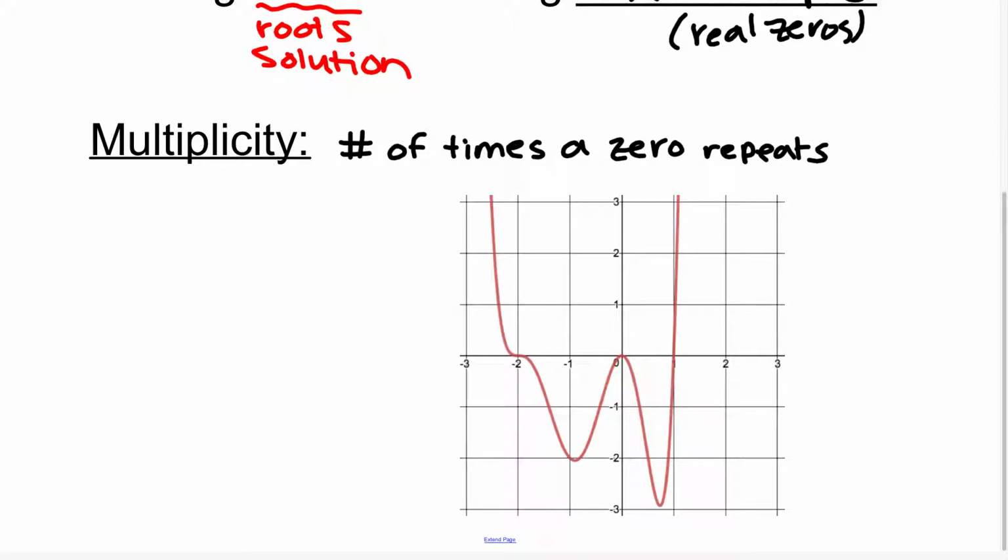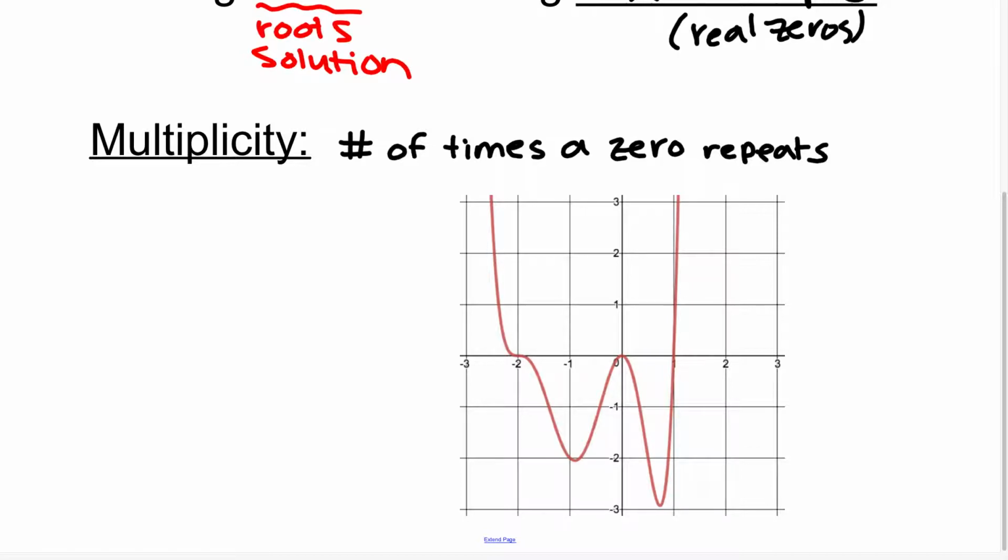And this can happen, you can have a repeated zero. Think about if you factored a polynomial and your two factors were exactly alike. Let's say you factored it and it was x plus 3 times x plus 3. Then when you solved both of the factors, you would only get one answer, right? x equals -3. But because you had two factors, you really had two solutions.